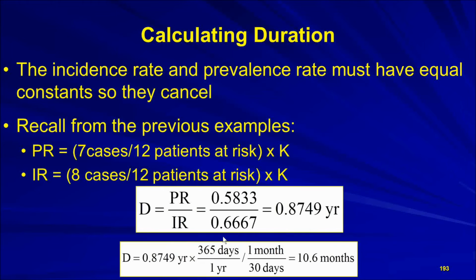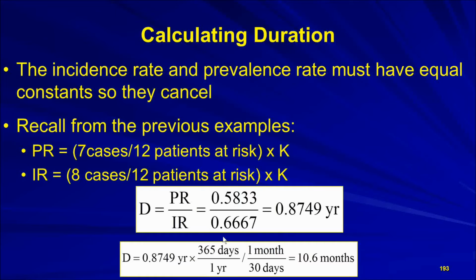Okay, now I want to use it in our example, our heuristic, unrealistic, if you will, example, but nevertheless, we want to get the points across to you clearly. It says the incidence rate and prevalence rates must have equal constants so they cancel. I've said that about 3 times, so I'm hoping that's going to stay with you.